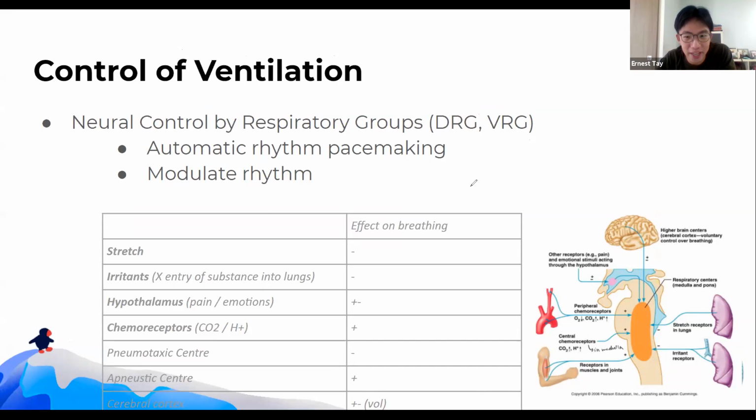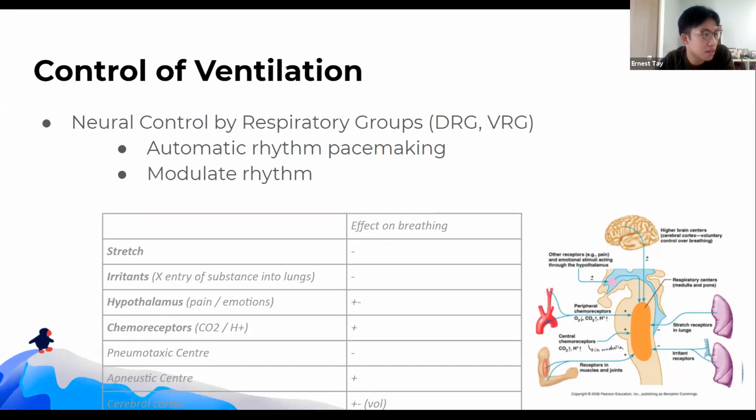But you just need to know that a certain part in your medulla actually controls how fast you breathe. And similarly, based on different receptors in your body, it will affect your respiratory group in your medulla, and it will modulate your rhythm. You can memorize these effects on breathing if you're keen, but not that high yield as well.